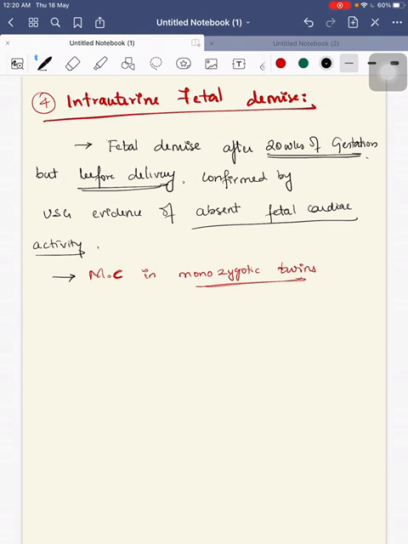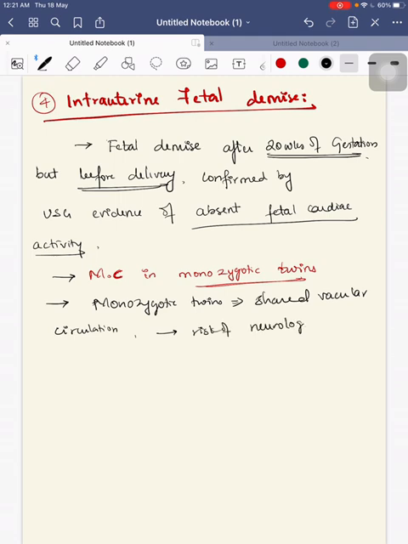They have shared vascular connections. This can result in the risk of neurological injury in the surviving twin.